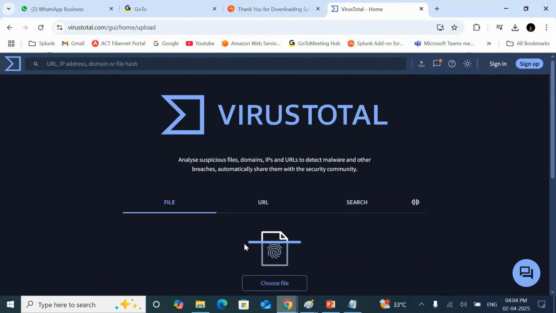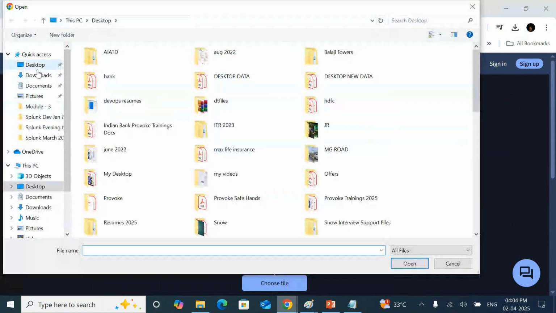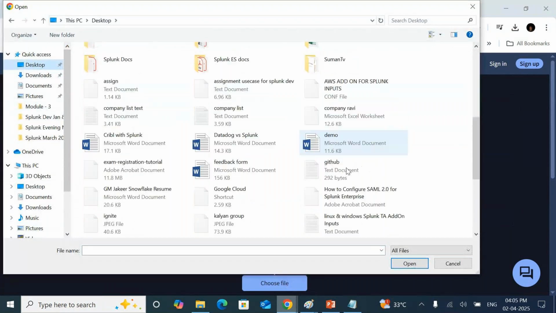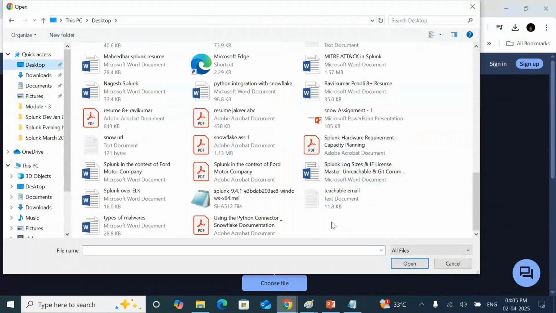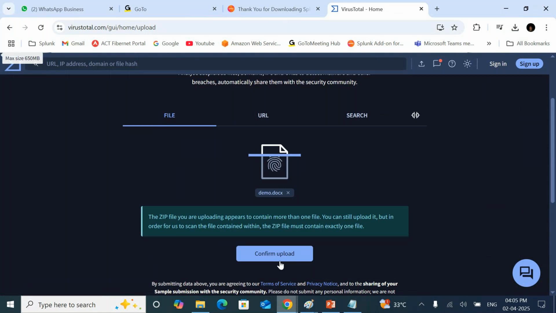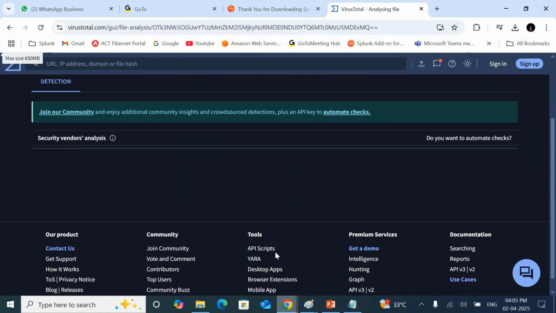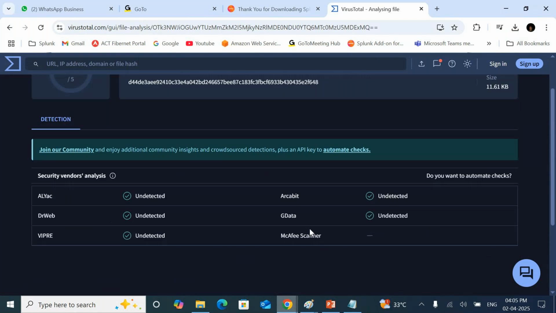So check the hash key of the changed file. It was changed. Why? Because a hash key is a unique value saying that it is my file. See, upload, confirm.